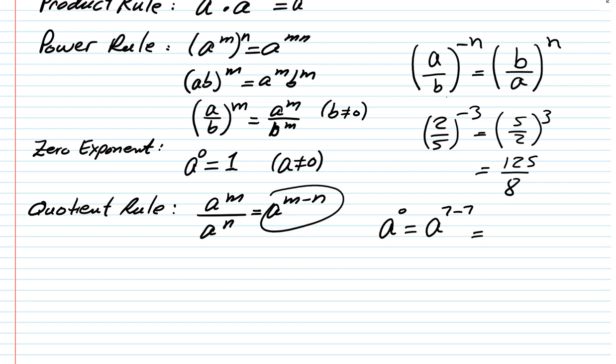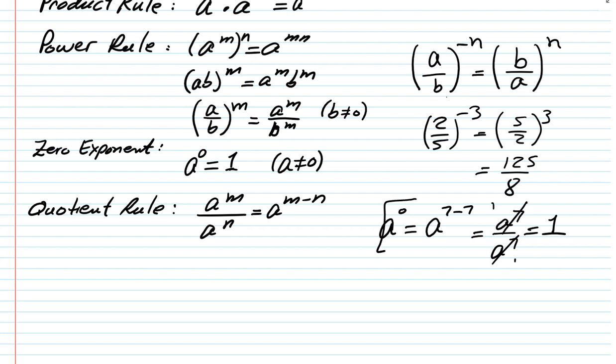Now, using this rule, a to 7 minus 7 can be written as a to the 7 divided by a to 7. This other 7 is what goes here in the quotient rule. And once I have that, because a to 7 divided by a to 7 is the same number, then the result has got to be 1 because they cross out.